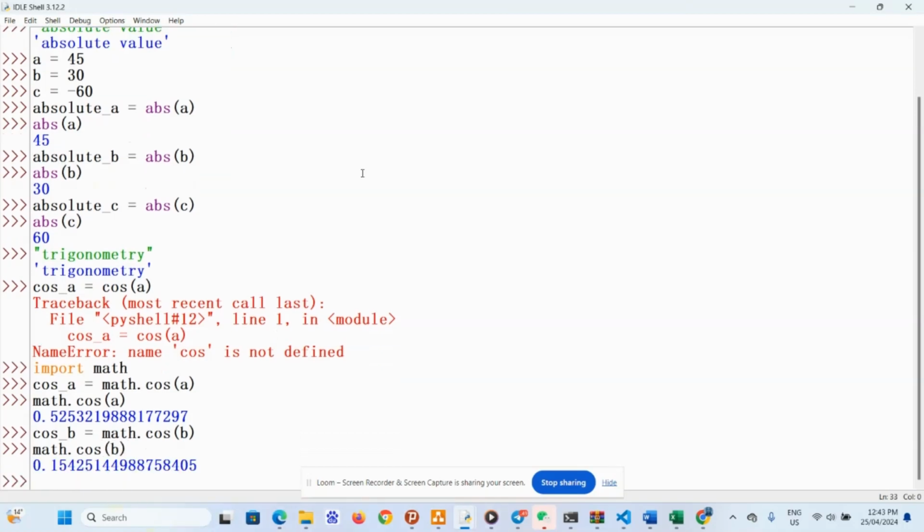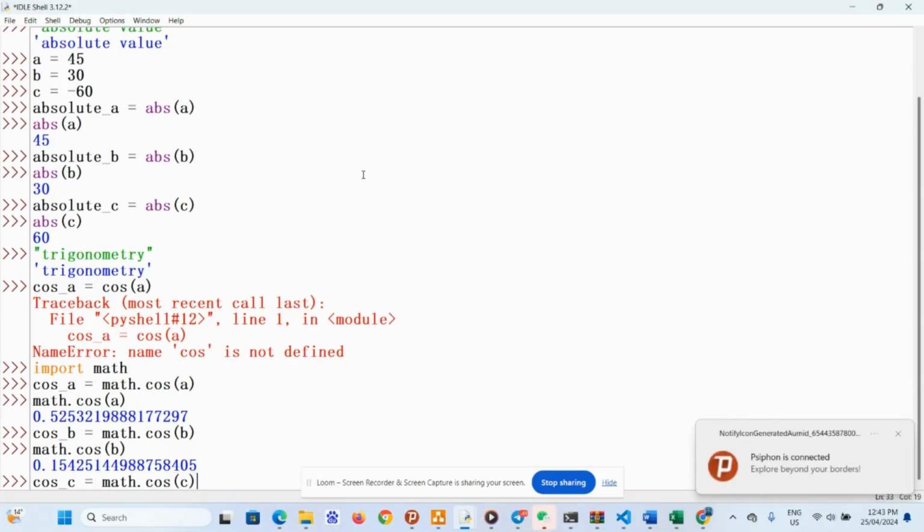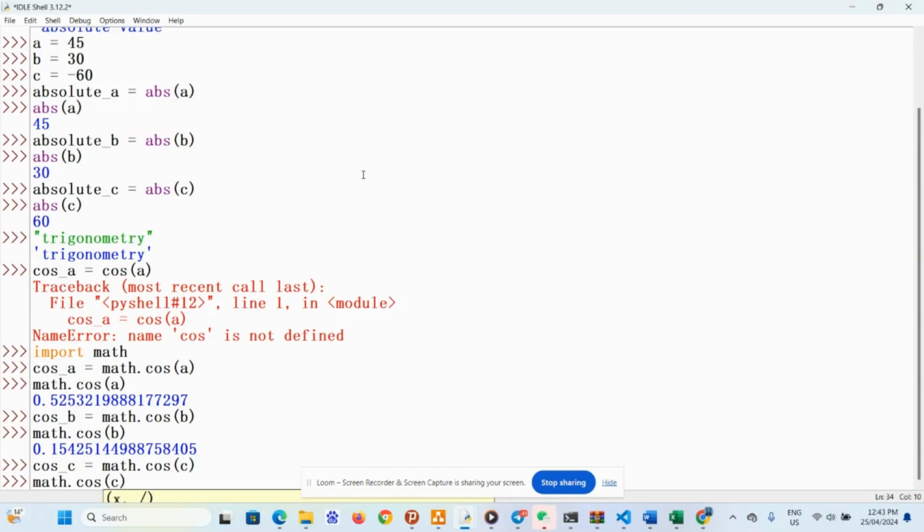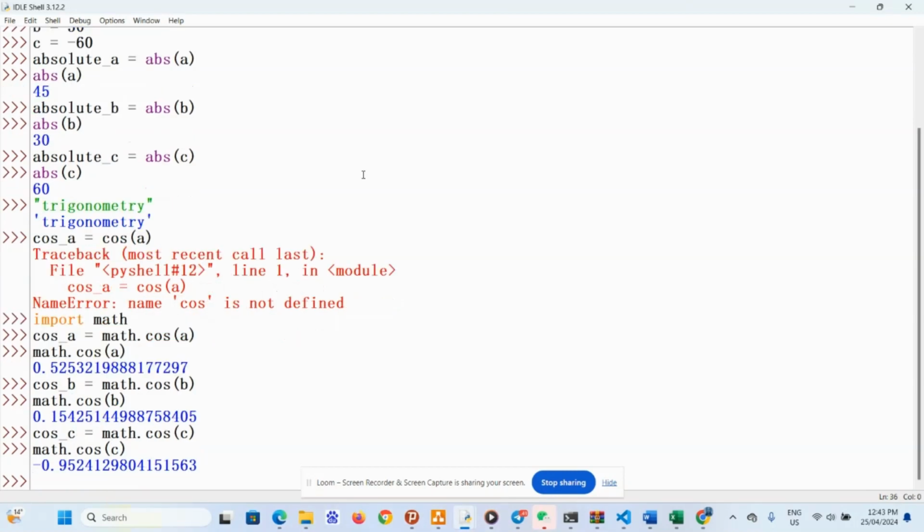Cos of B is equal to that. Then cos of C is equal to math dot cos of C, enter. So we tell it math dot cos, give us cos of C. Likewise also for sine.